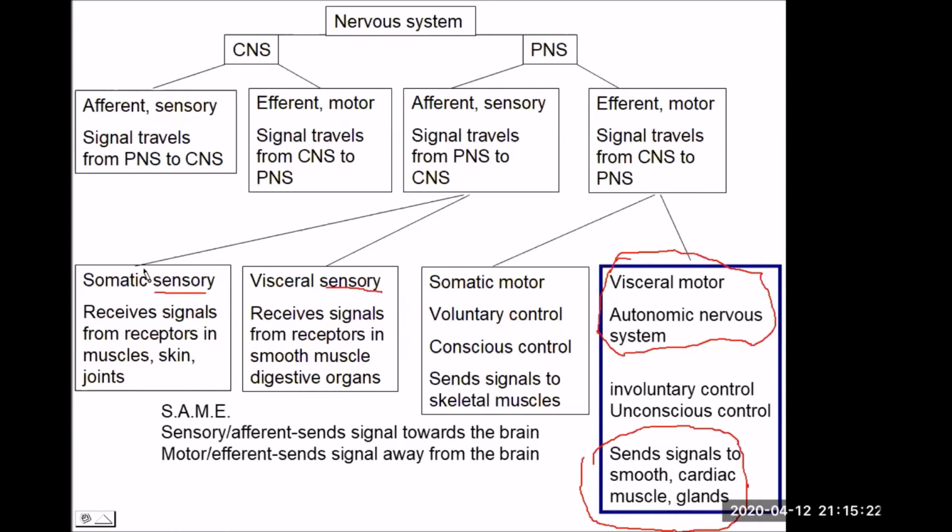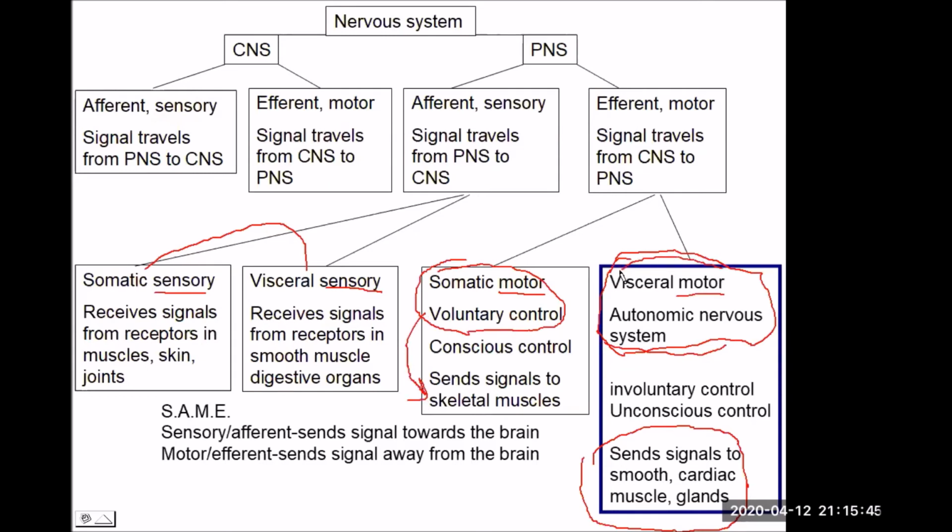is divided into somatic and visceral sensations, the area in which we detect that stimulation, where that sensory input's coming from. And then we have the two types of motor functions. There's the voluntary conscious control that only applies to skeletal muscle, and that is somatic motor.